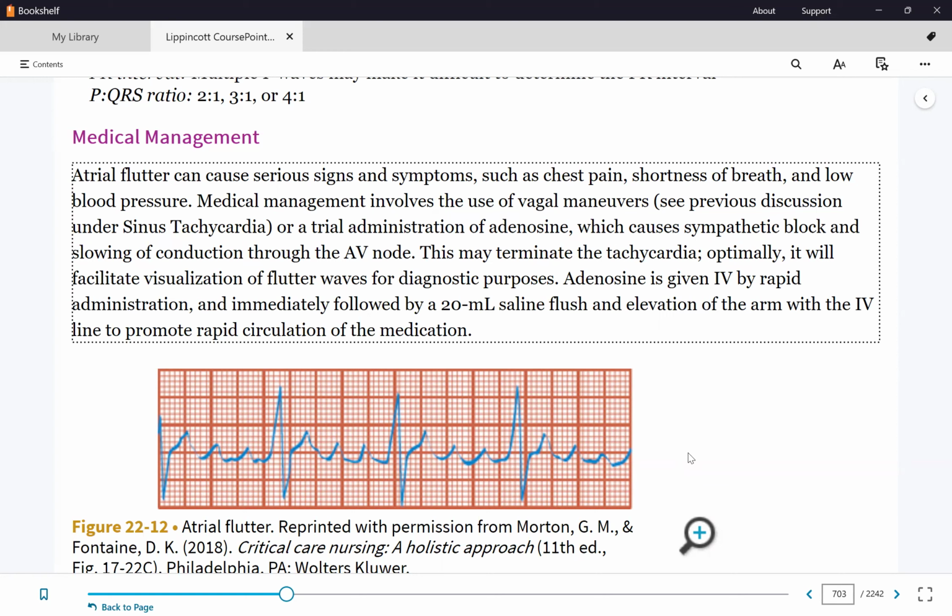All right, so look at the heart rhythm. Very fast, yeah? So this is SVT, okay? Or it could also be sinus tach. Sinus tach or SVT, they're like identical, okay?